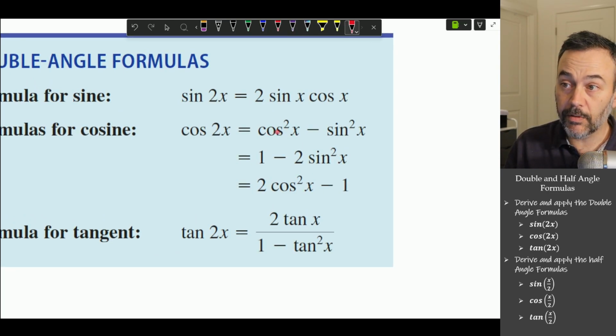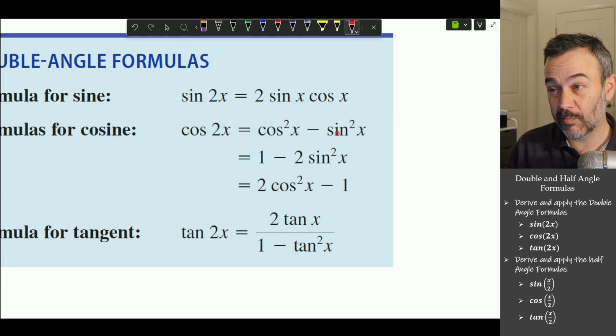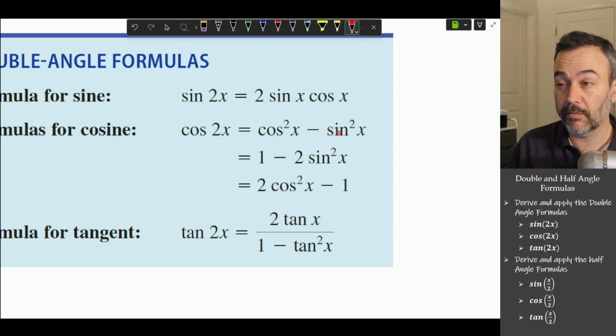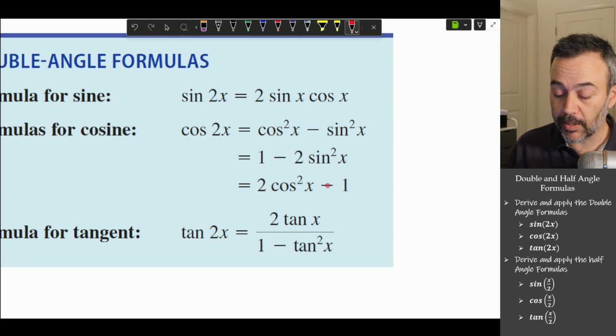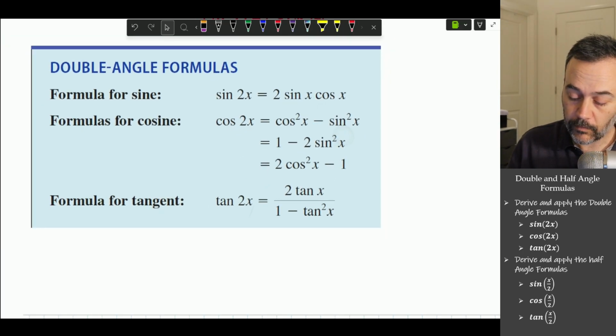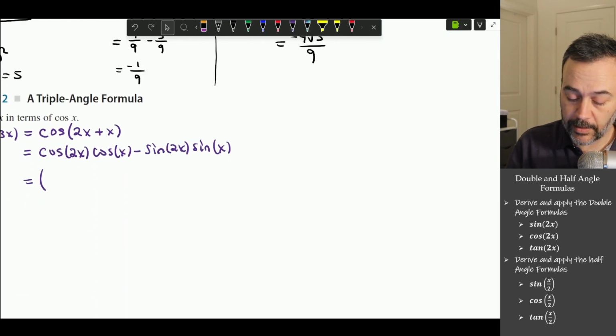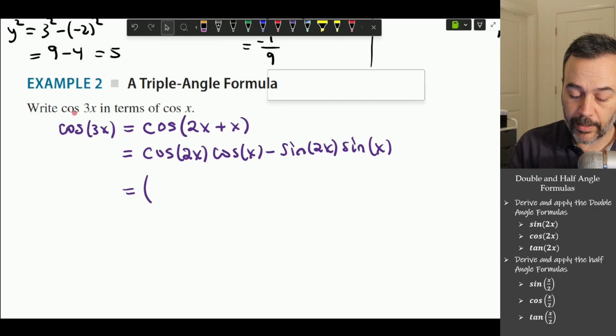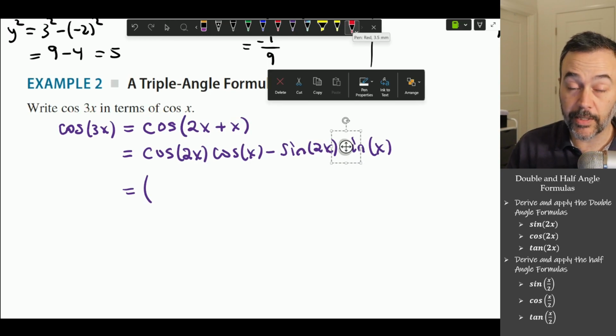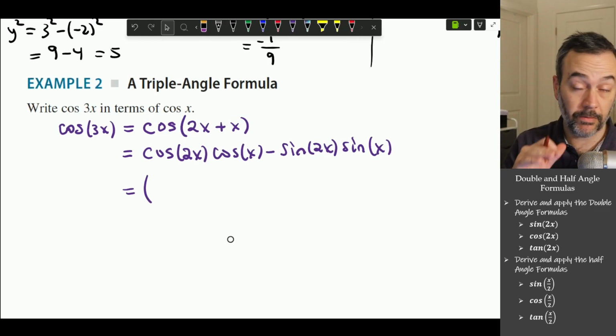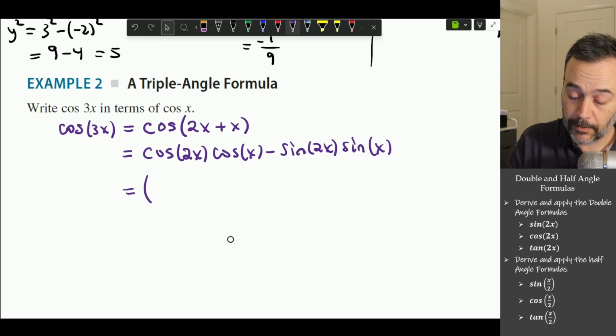Do you notice that if I choose this one, it uses cosines and sines. But the question said we wanted to write it in terms of cosine only. So this bottom one is the best choice: 2 cosine squared x minus 1. Because the question said, write cosine 3x in terms of cosine only. So we don't want any sines. We don't want any tangents.